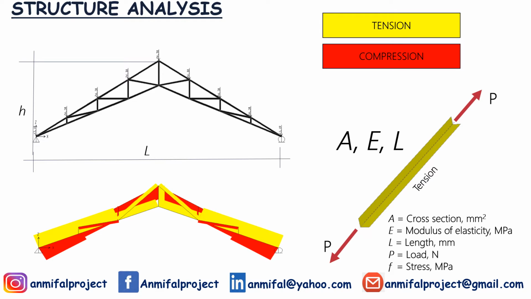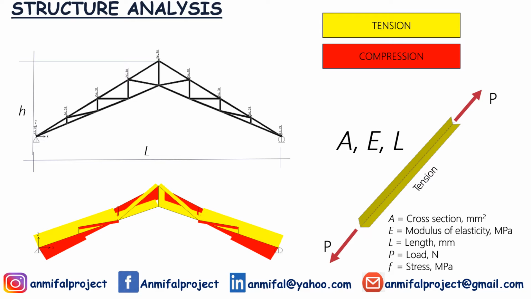Now we want to talk about the definition of truss structures. What are truss structures? Truss structures are divided into members that are subjected to normal or axial load. What does it mean? It means no other load is allowed to act on this member.